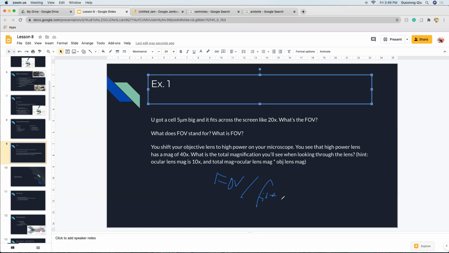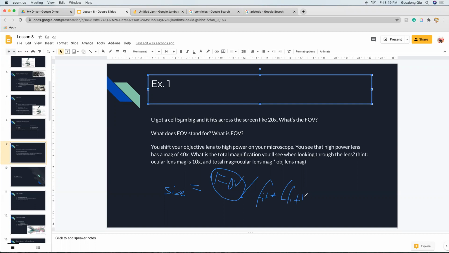And I will now solve the question. So we're looking for the FOV, and the equation itself is size equals FOV over fit number. And we are looking for FOV. So let's rearrange this equation so we can find FOV. To do that, we'll multiply both sides by fit number.